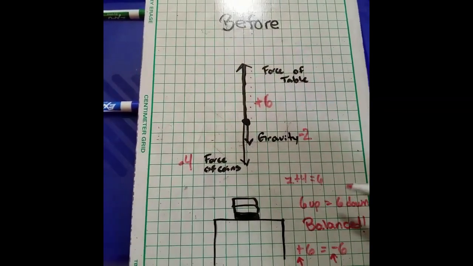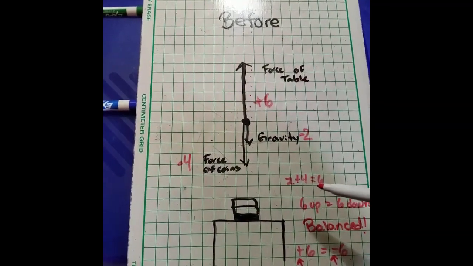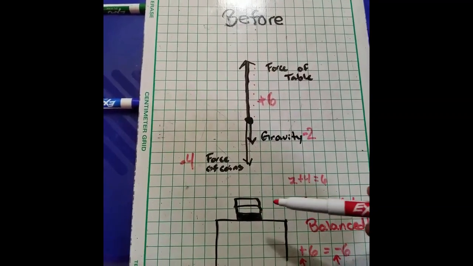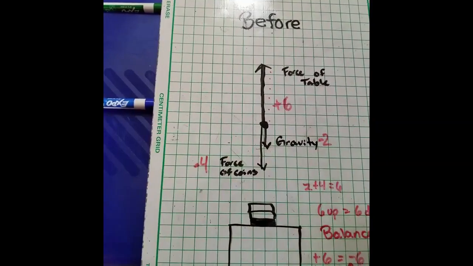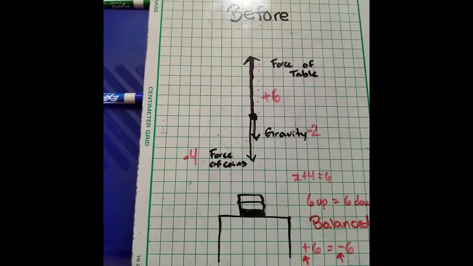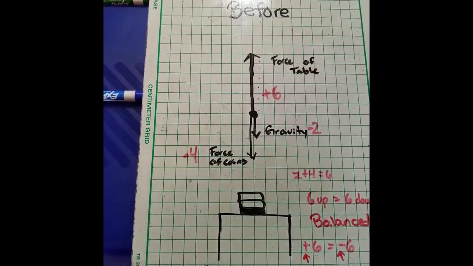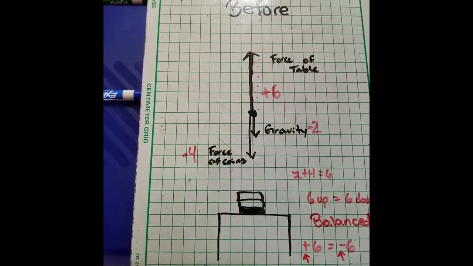So balanced forces, Newton's first law holds up. An object at rest remains at rest because everything acting on the coin is balanced. I'm going to pause the video here and set this up for while the coin is being hit.